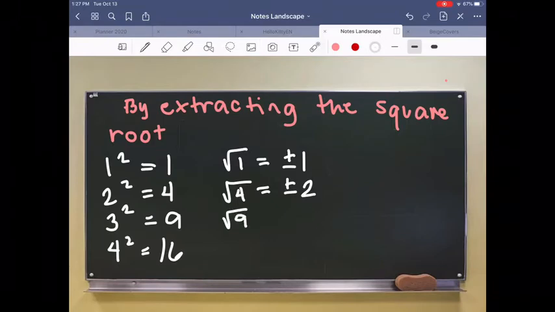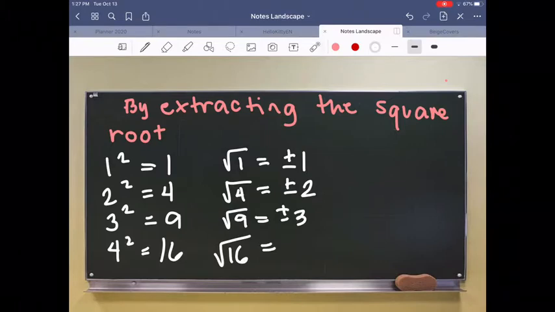So the square root of 9 equals positive or negative 3. And how about the square root of 16? Write it in the chat box. What is the square root of 16?